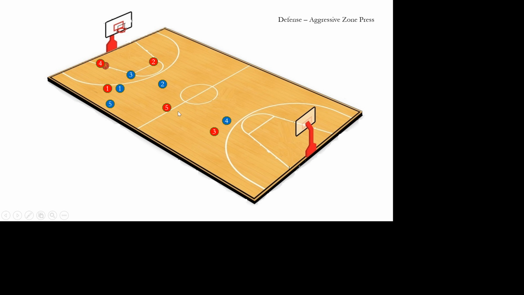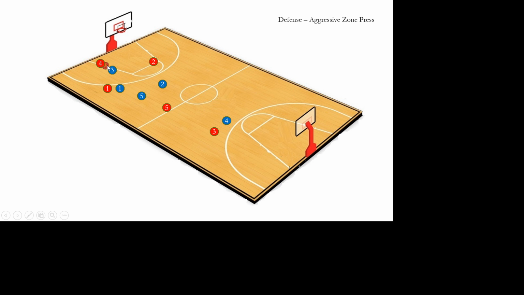They only have 10 seconds to get the ball across court, and we've made them pass the ball back to here. What we want to do in this instance is 3 is going to pick up 4, just like he had him in the beginning. And 5 is going to drop back to the middle again over here.